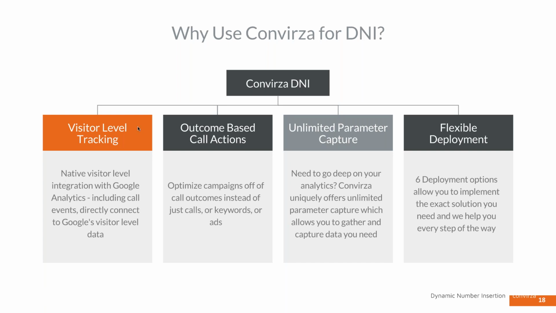The next thing, now that you're capturing all this visitor level data, is to create outcome-based call actions. So automation is what we want to do. Now we've got all this visitor level data we can capture. Now let's create automation from it, right? If this happens, then do this. Send an email, send a text message, send a webhook.